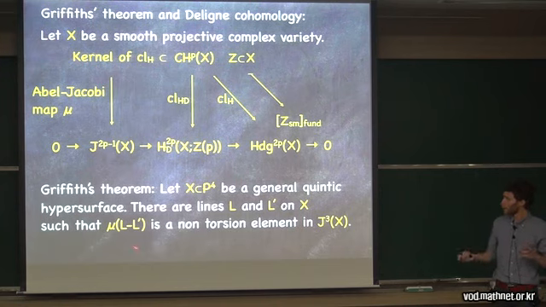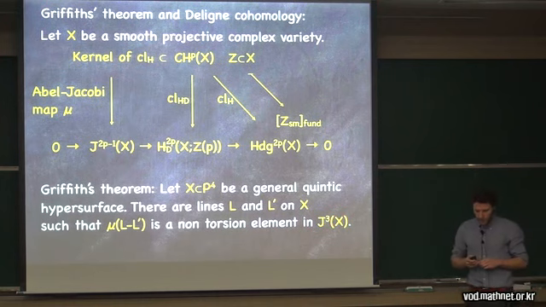He showed that the image of the difference of these two lines under the Abel-Jacobi map is defined, because L minus L prime goes to 0 in cohomology. And then he showed that it's a non-torsion element in J^3 of X.